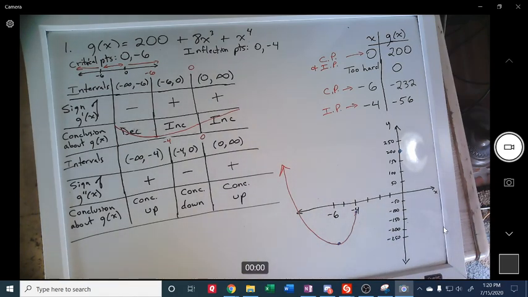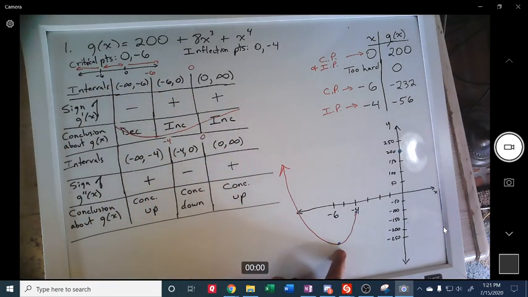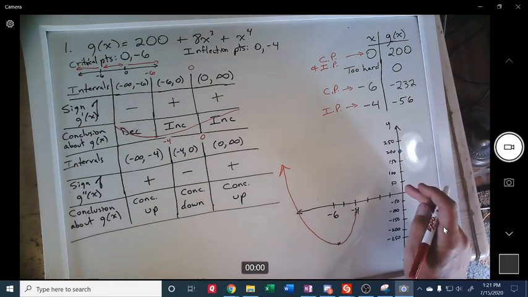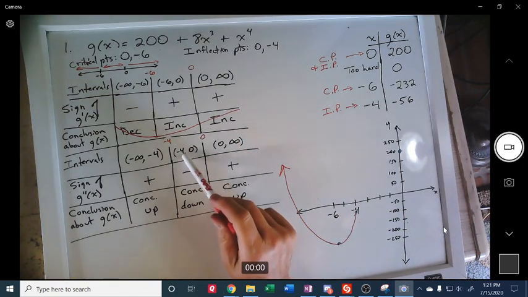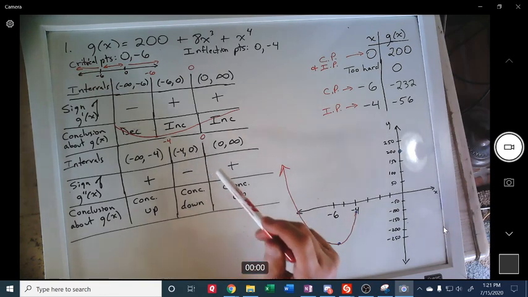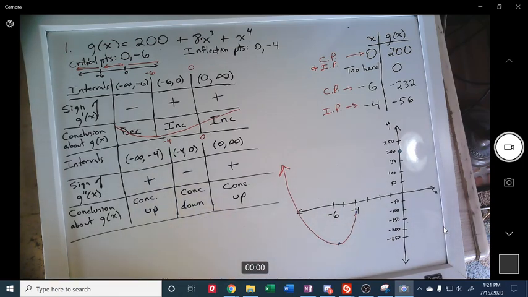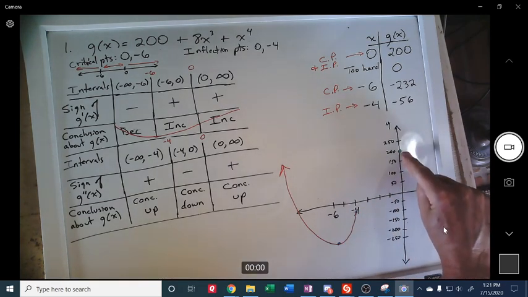Okay? And let's look at the decreasing stuff. From negative infinity to -6, we should be decreasing. Is it decreasing? Yes, it is. From -6 to 0, all the way to 0, it's got to be increasing. Ooh, that's kind of strange. But from -4 to 0, it's got to change concavity to go concave down. So how do I connect these next two points, this blue dot here and this blue dot here?